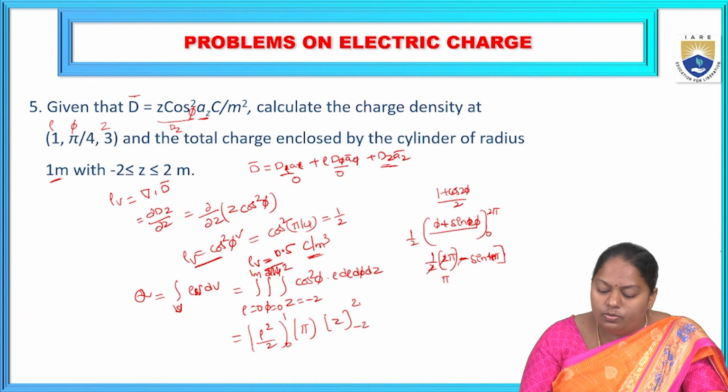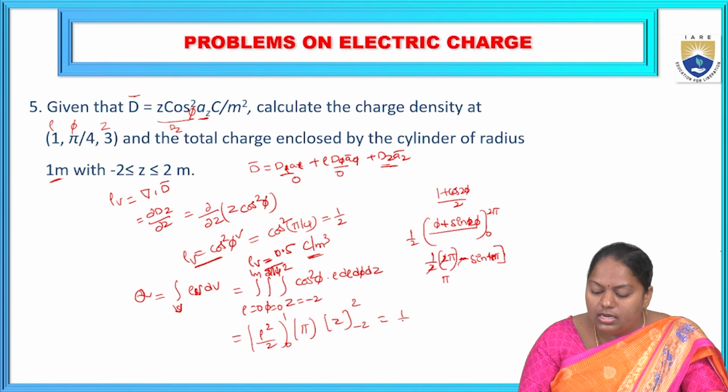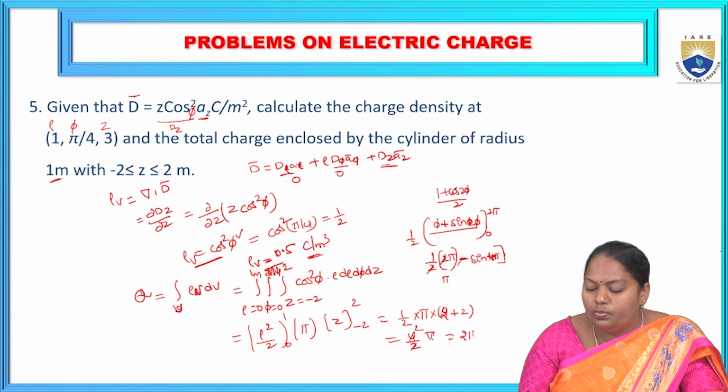Then minus 2 to plus 2 are the limits. Now substitute rho square by 2 with 1 and 0, and pi into the z value, 2 minus of minus 2 means plus 2, so it will be 4 by 2 into pi. Then the 2 gets cancelled, giving 2 pi.